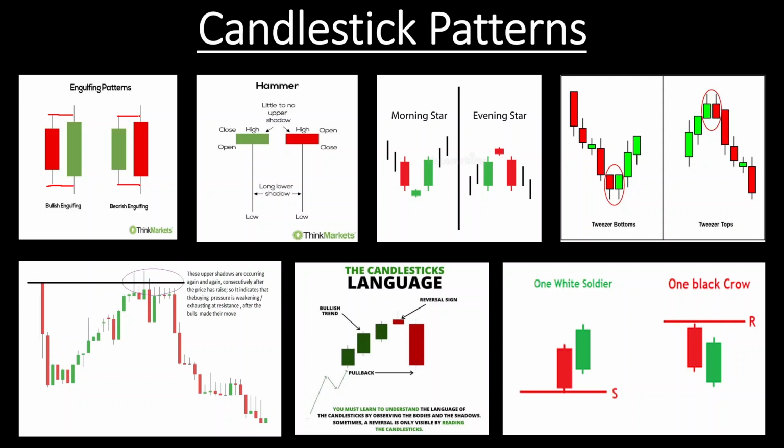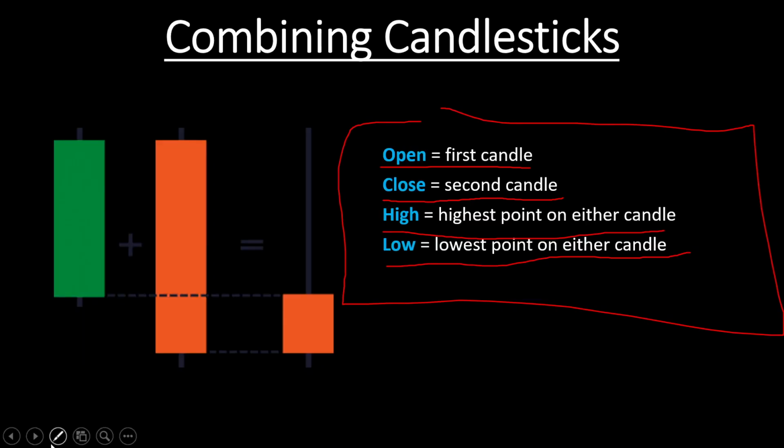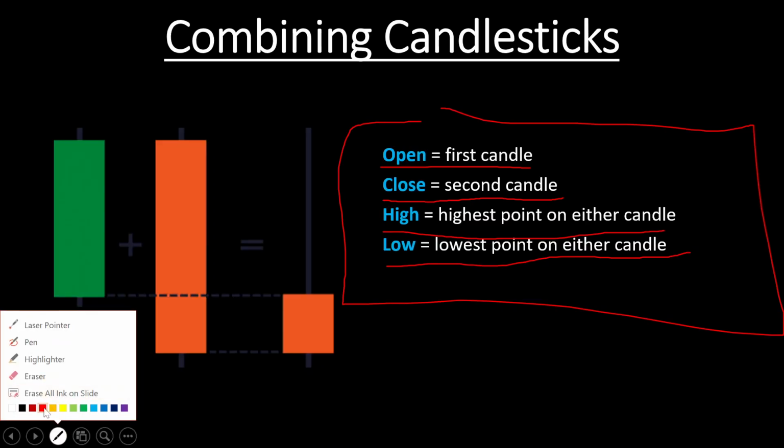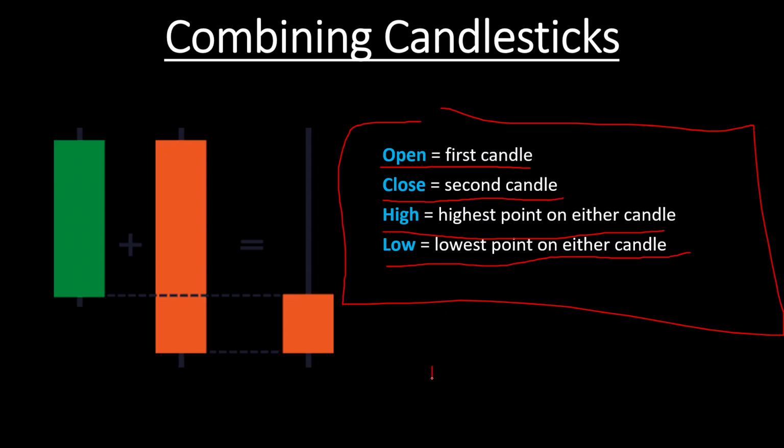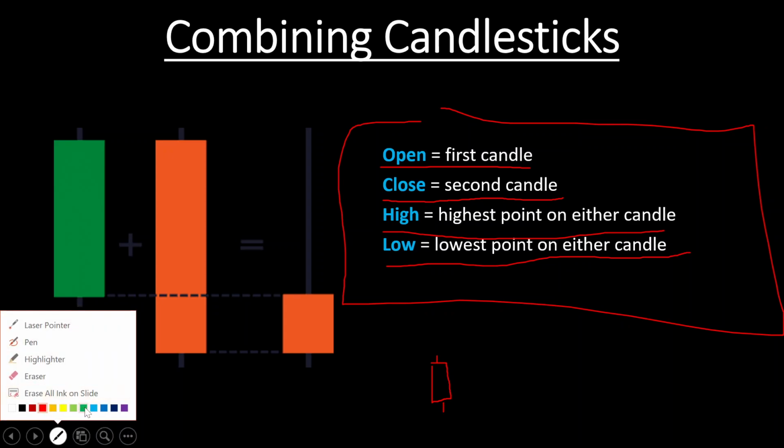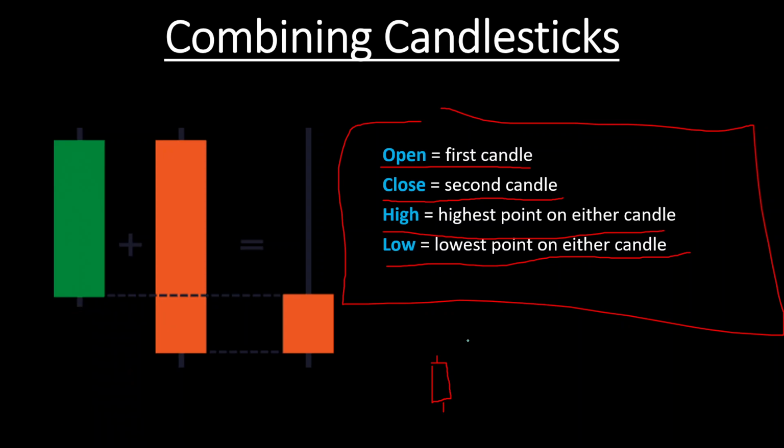Now, some people would say the rule for an engulfing pattern is that we want to see, so let me give an example. What some people would say is for it to count as an engulfing pattern, we have a candle right here, right? And then we have a green candle like this.